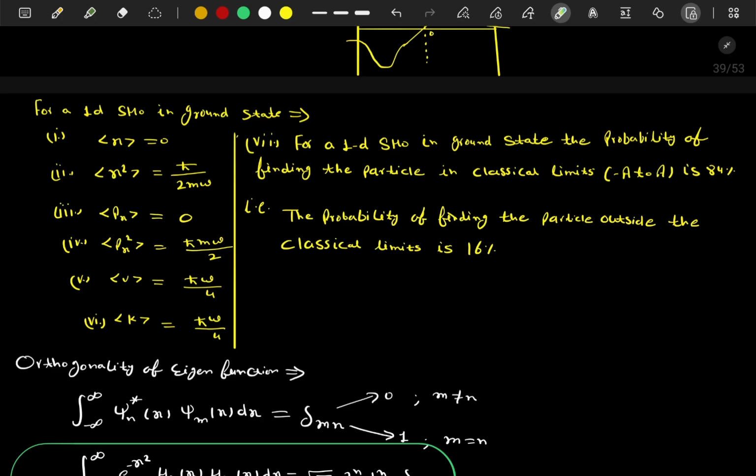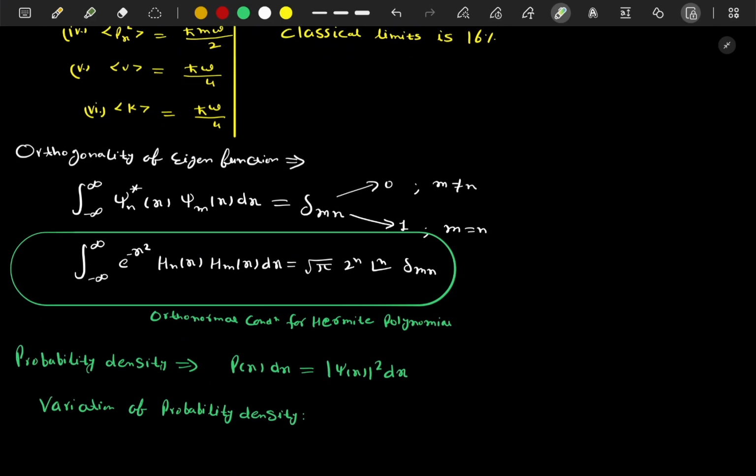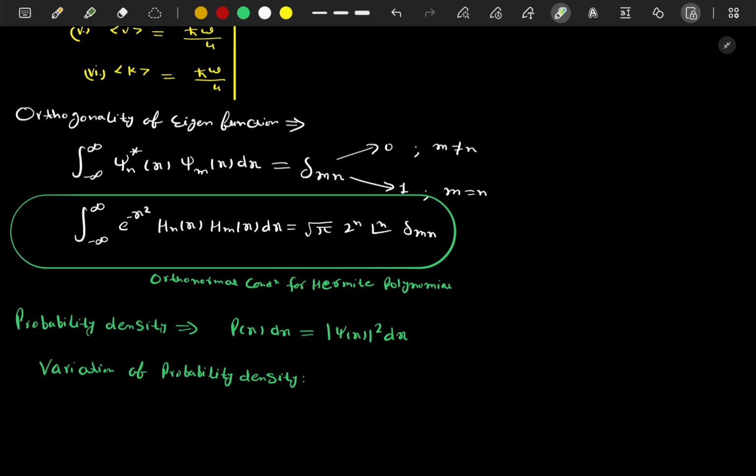And the more surprising part is that it can also be found in the quantum region, meaning outside the classical limit, with a probability of 16%. So it just opposes our assumption.